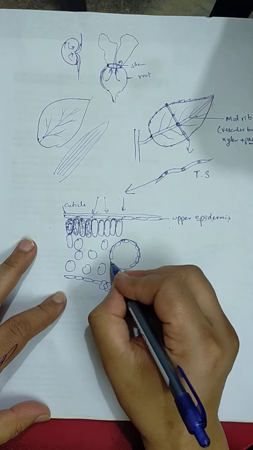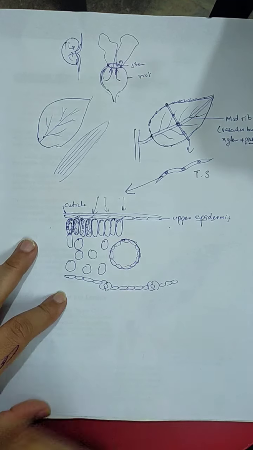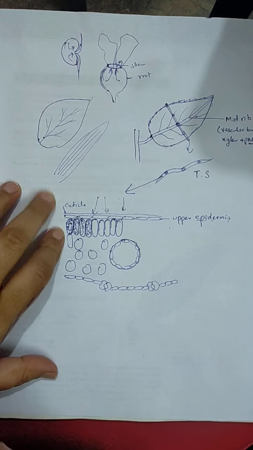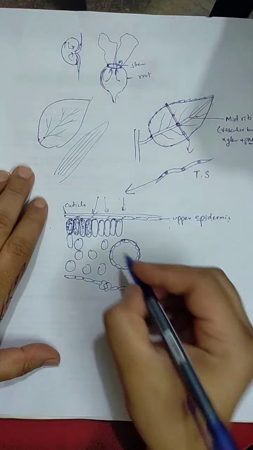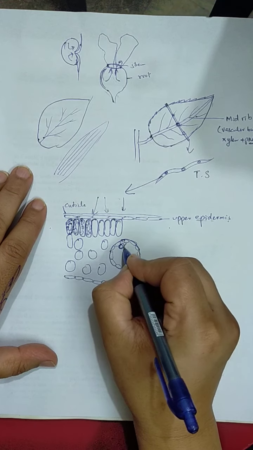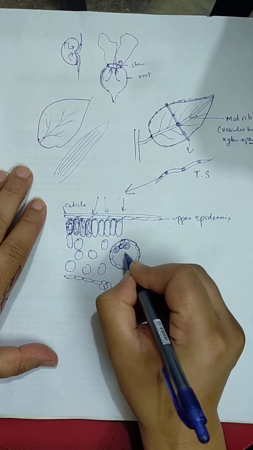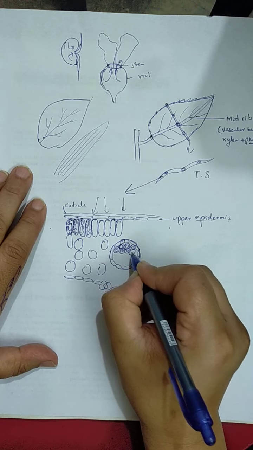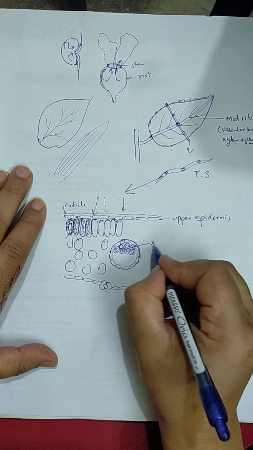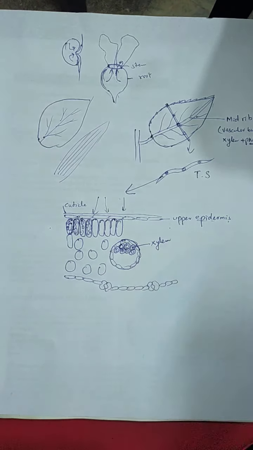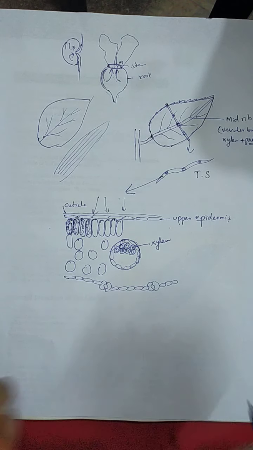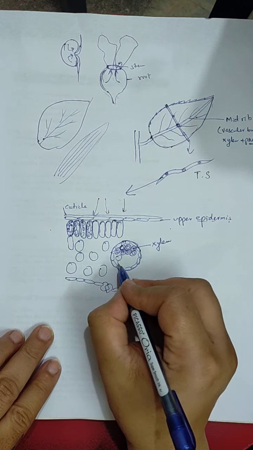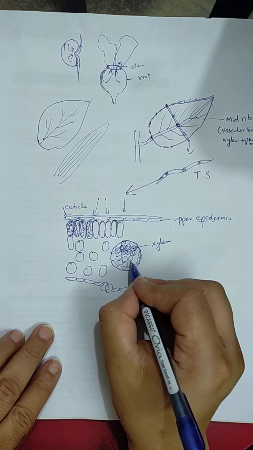The vascular bundle, I told you, contains xylem and phloem, and the arrangement of xylem and phloem is very important. On the upper side, the cells present are called xylem cells, which transport water. On the lower side, the cells present are called phloem cells.